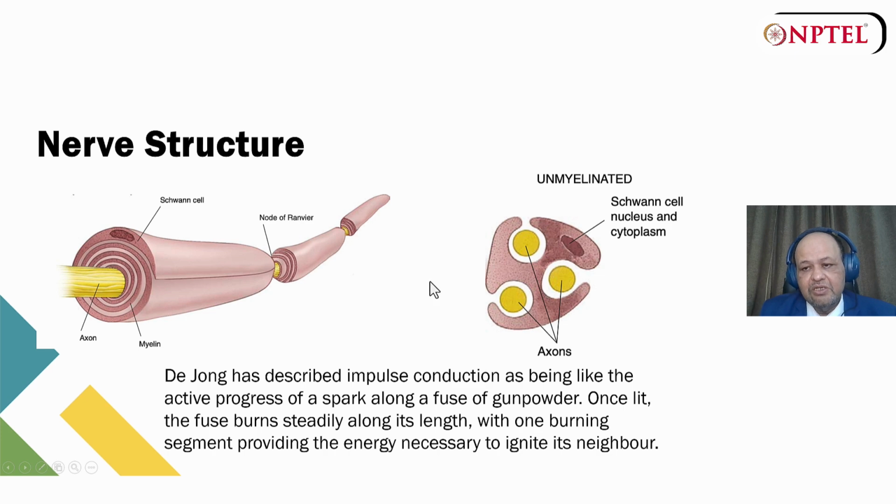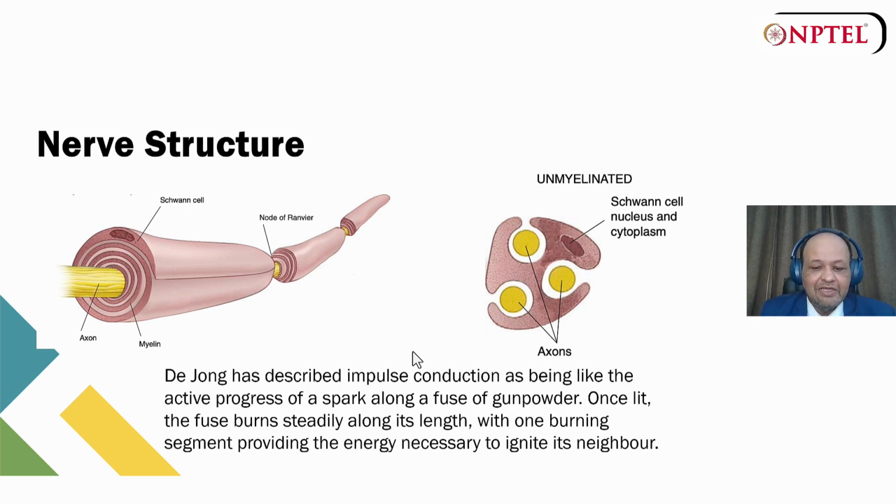Now if we again look at the nerve in cross section, you have the unmyelinated nerve, so it's not completely covered by a sheath and it is open at the ends. De Jong has described nerve impulse conduction as being like the active progress of a spark along the fuse of a gunpowder, which we talked about earlier.